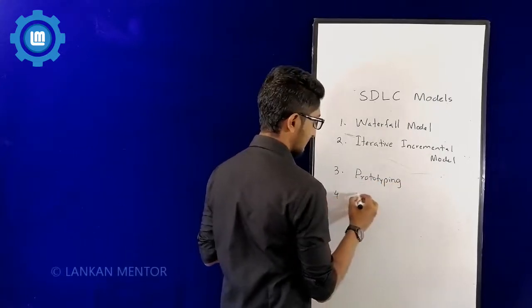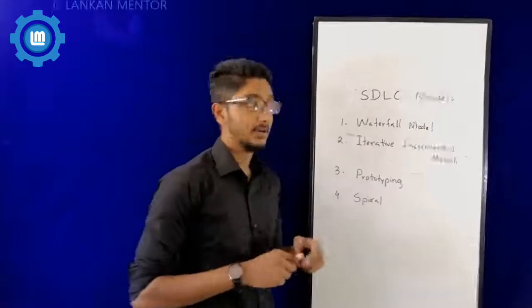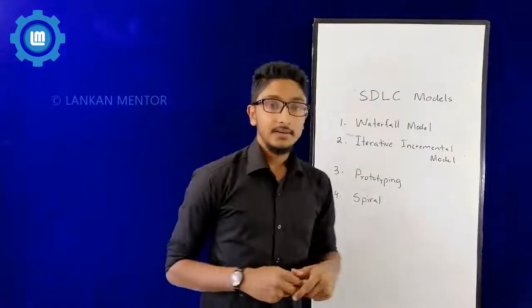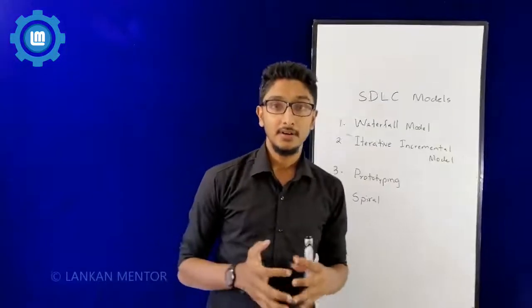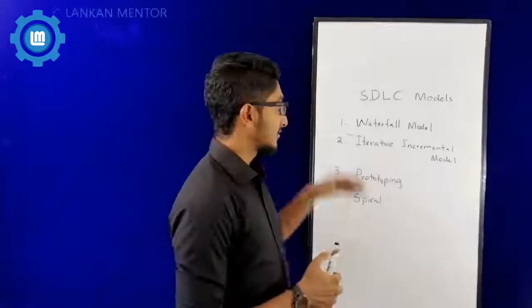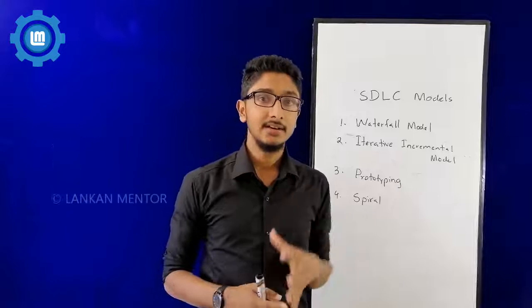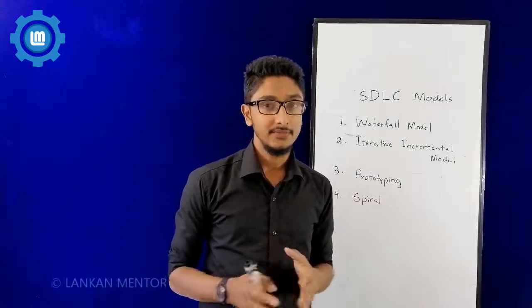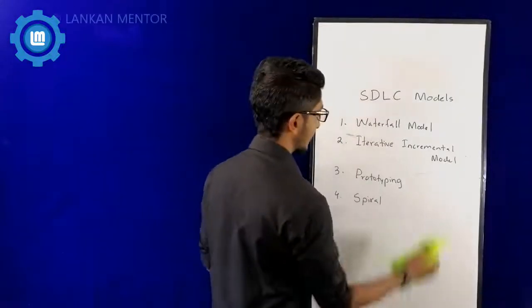Number 4, spiral. These are the 4 system development lifecycle models that we have to discuss. We'll go through each of these deeply so that we can get an idea of how they behave. First, we'll start with the Waterfall Model.